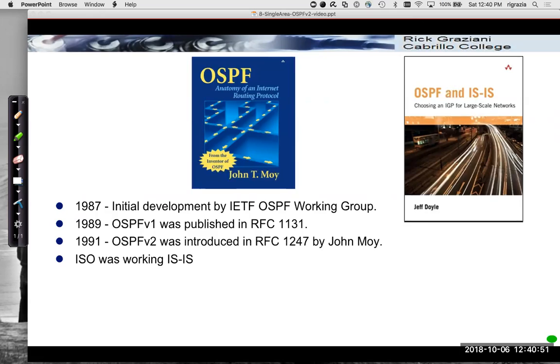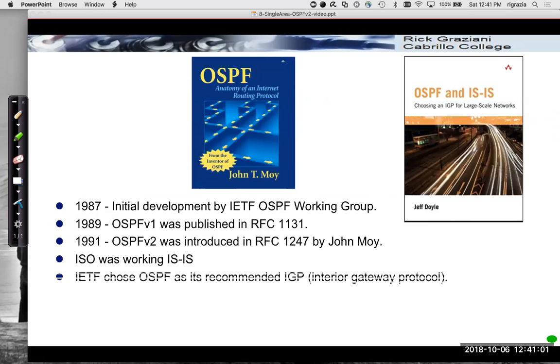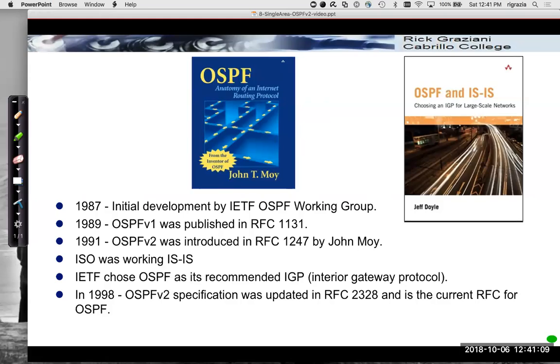At the same time, ISO was working on ISIS, Intermediate System to Intermediate System. But IETF chose OSPF and recommended it as the interior gateway routing protocol of choice. In 1998, the OSPF v2 spec was updated, RFC 2328, which is the current RFC for OSPF v2.